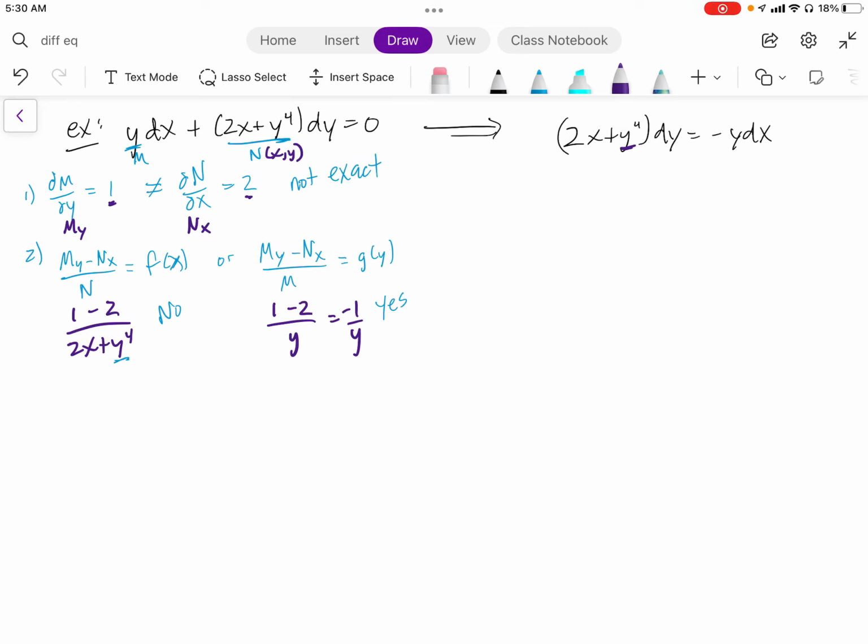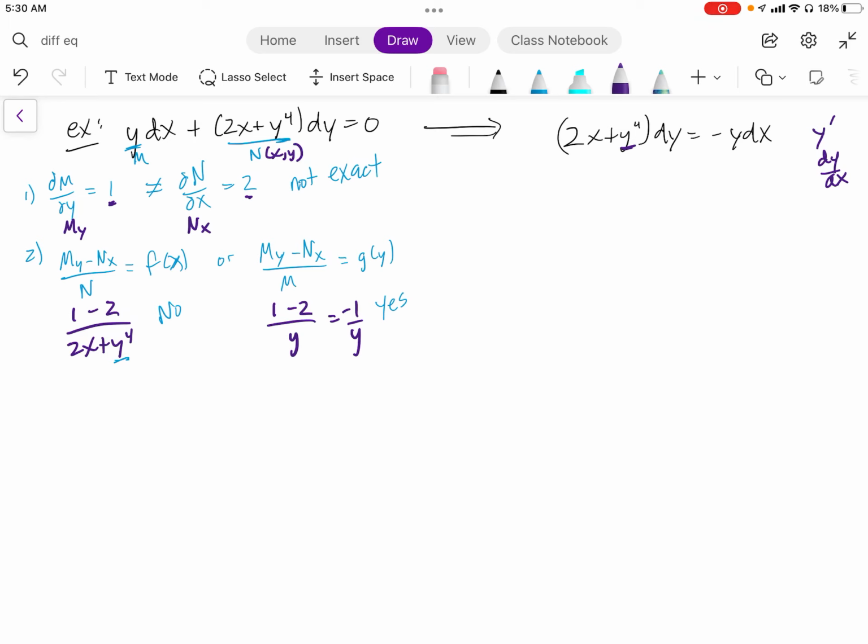However, not all hope is lost. Typically, we try to get dy dx, because every form to this point we've seen y prime, dy dx, but we can think of dx dy and still use the same technique. So why am I suggesting that?